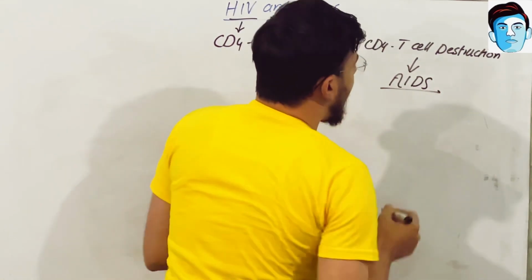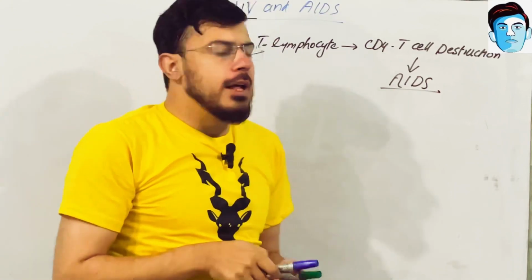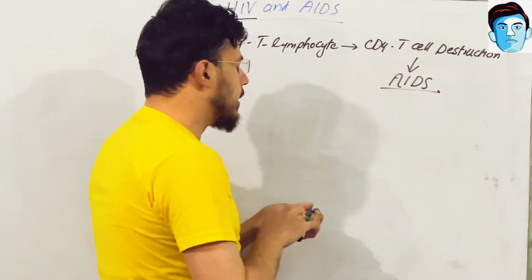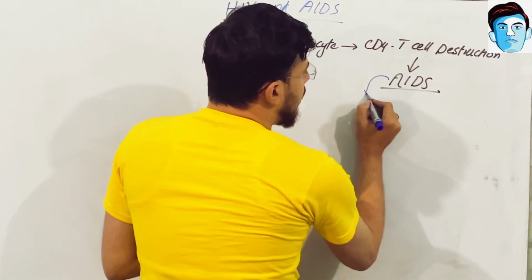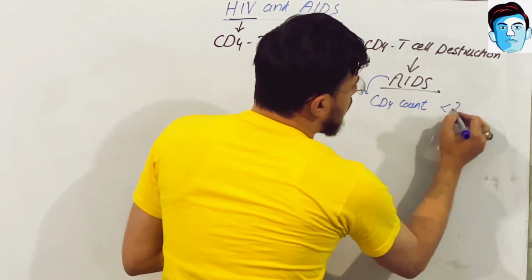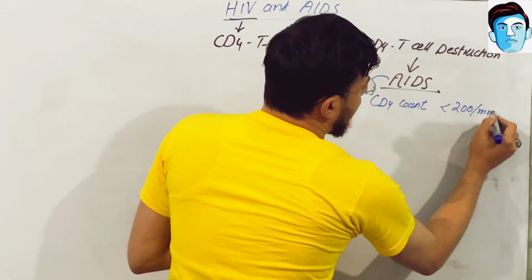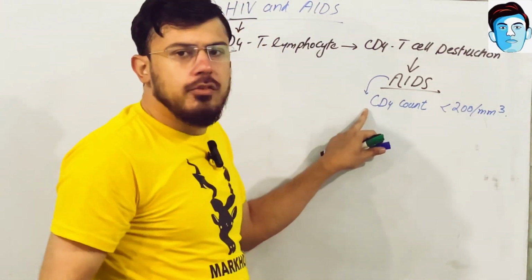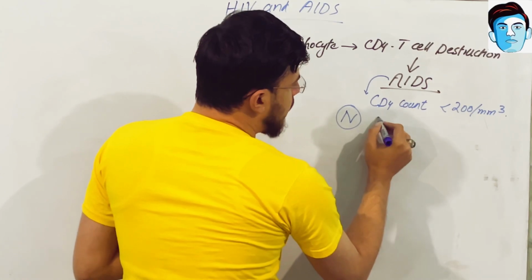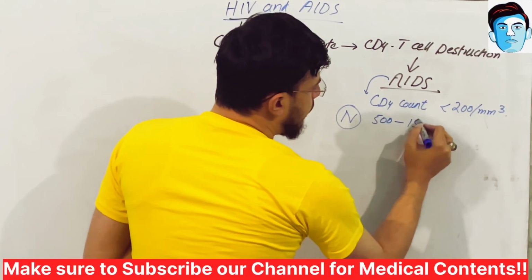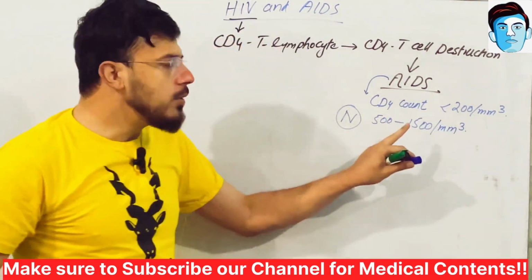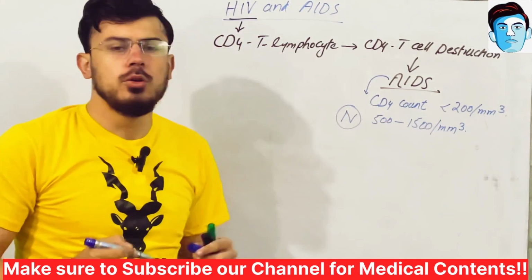AIDS is acquired immunodeficiency syndrome, and AIDS occurs when the CD4 count is less than 200, while the normal CD4 count is from 500 to 1500. But in case of AIDS, the CD4 count is less than 200.